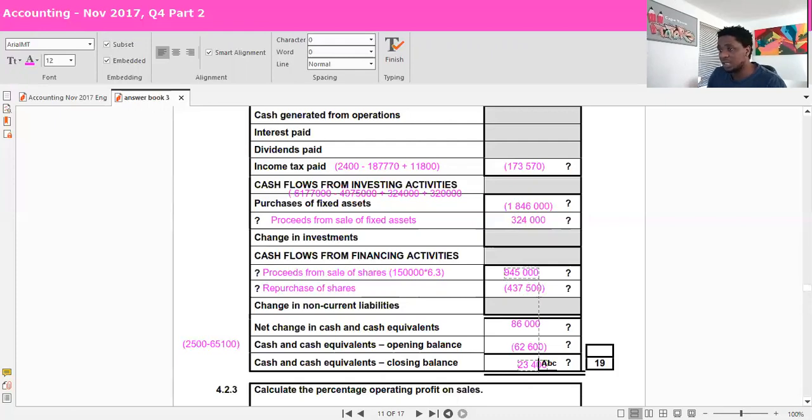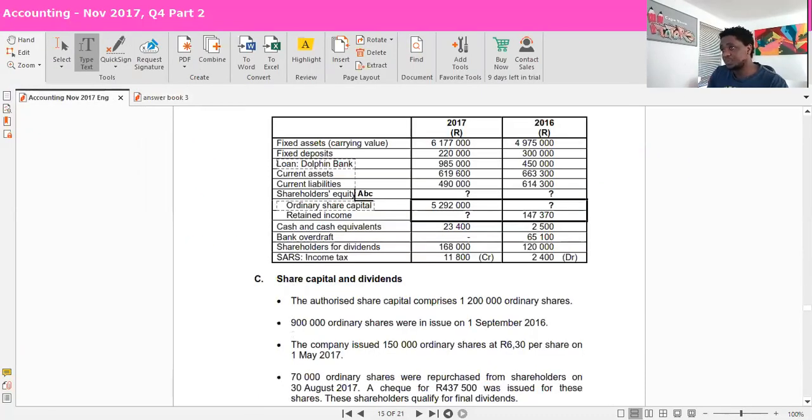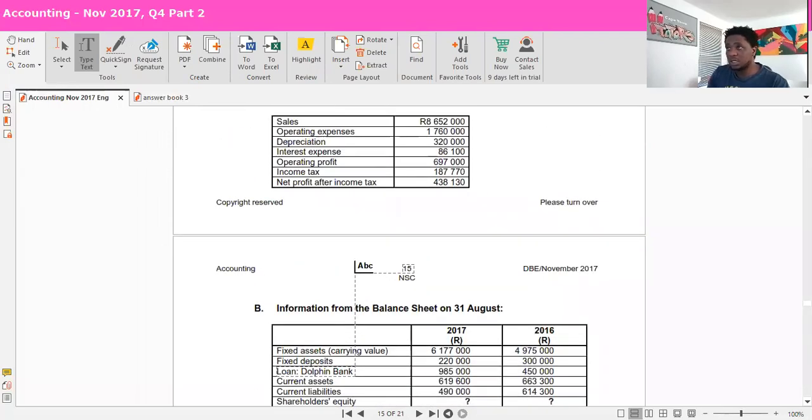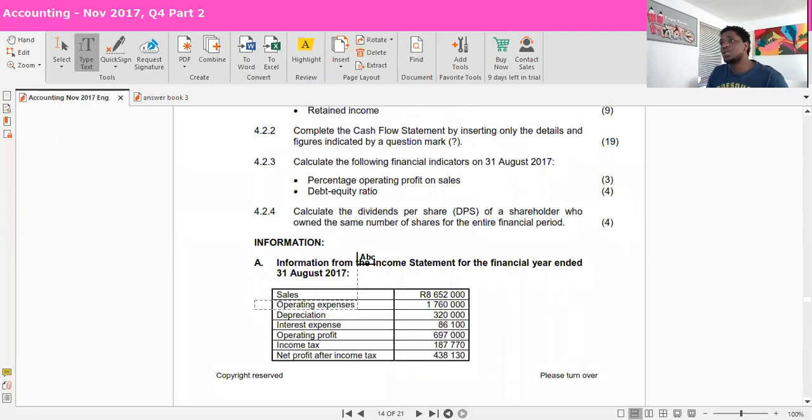So that's it for the cash flow statement. And then we move on and answer other questions. The other question is: calculate the operating profit on sales ratio. In order to calculate this, we just need to know what profit we have. It says calculate the operating profit on sales, so let's go and see what our operating profit is.